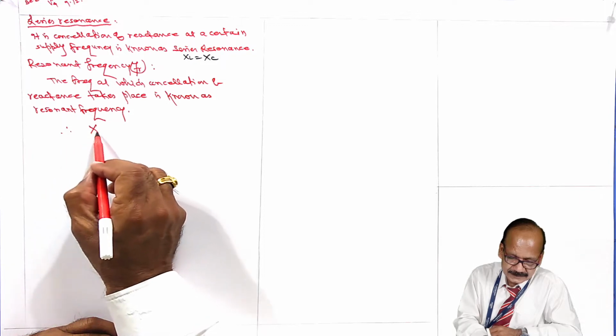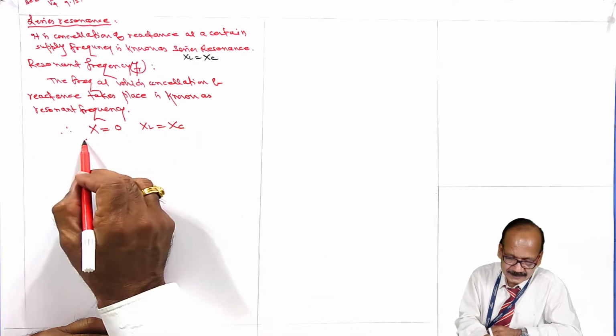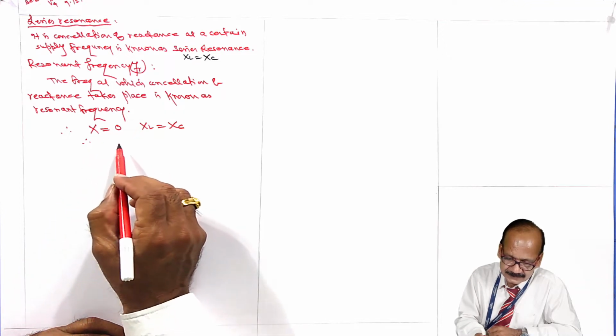That is, net reactance is 0. XL equal to XC, therefore X equal to 0.